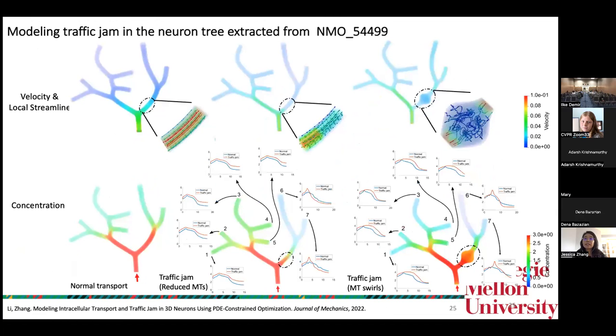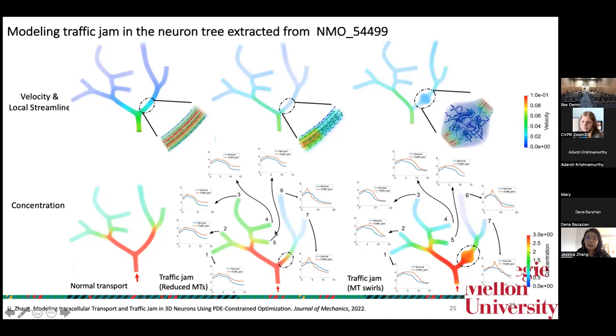For this tree study, we have the normal transport, and we introduce the traffic jam from the reduced microtubules but no swelling geometry. And the last study is with swelling geometry and microtubule swirl. So you can see the flow pattern and the directions in a streamline.